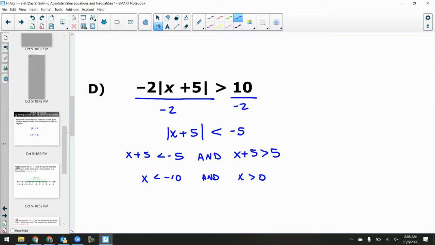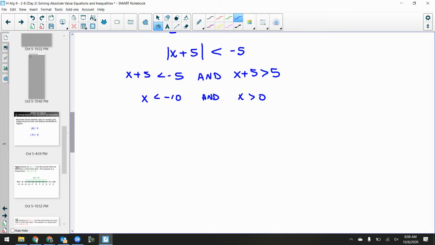If I go to graph this, can we actually put this together and say this? No, I can't. Why not? Well, think about your answer. If I go to graph this, I'm going to say here's negative 10 and here's 0. Any number less than negative 10, any number greater than 0, this is an "and" pointing away from each other.